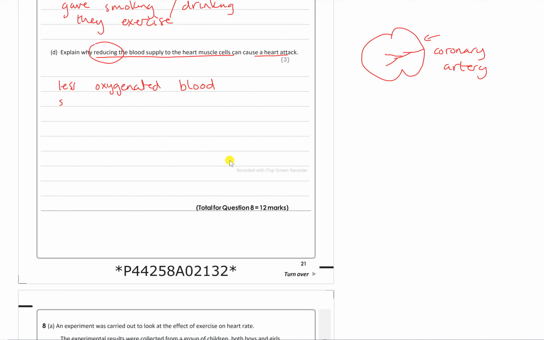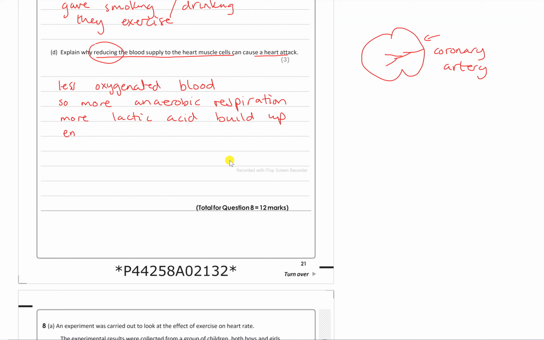So that means more anaerobic respiration. What does this mean? More lactic acid buildup. What does this mean?